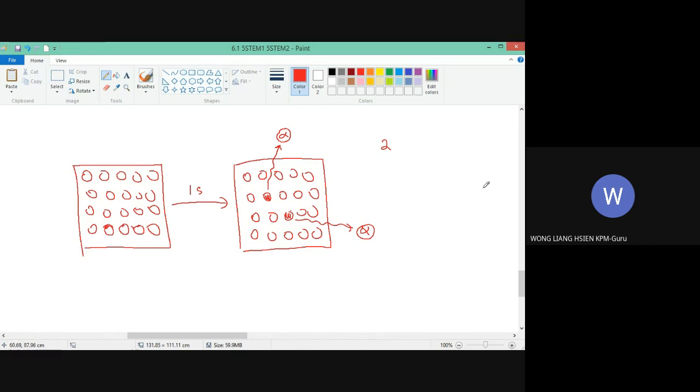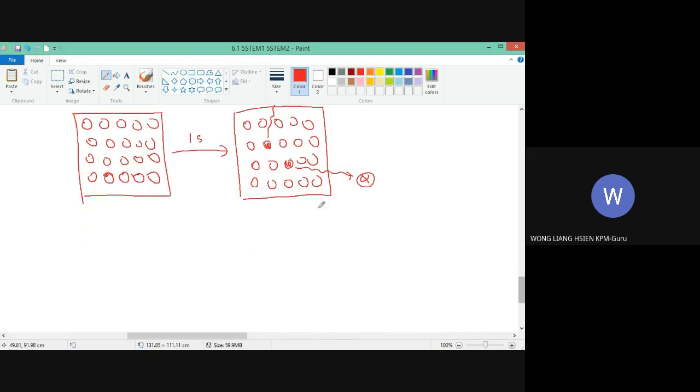For example, if here there are 20 unstable nuclei, and we double it, that means 40. So every 20 in 1 second can be 2 decays, so this 20 also every 1 second will have 2 alpha particles come out.